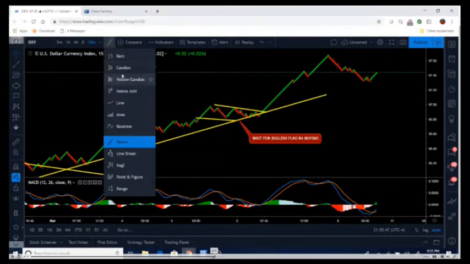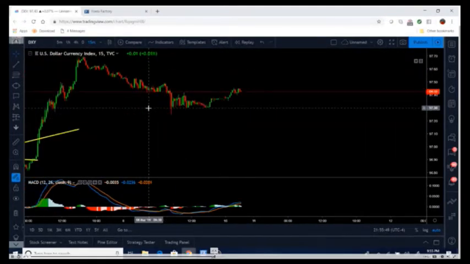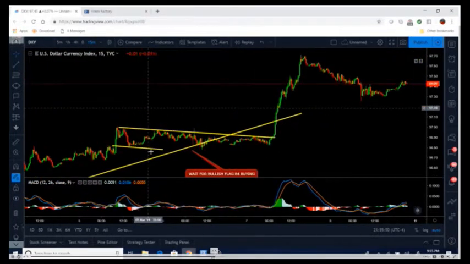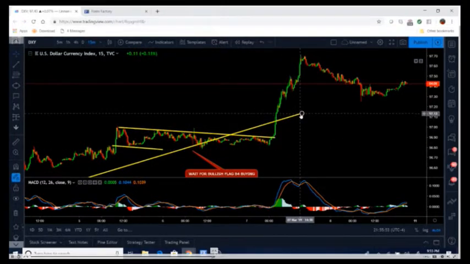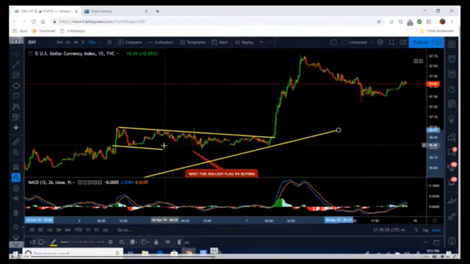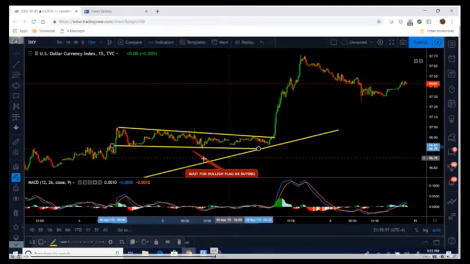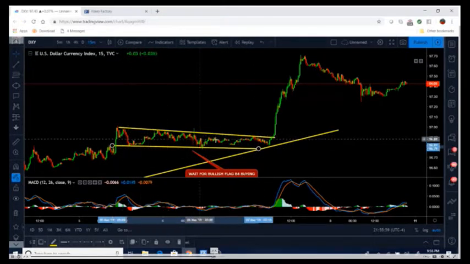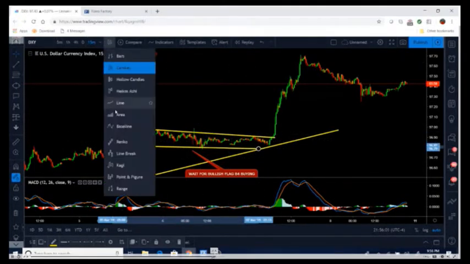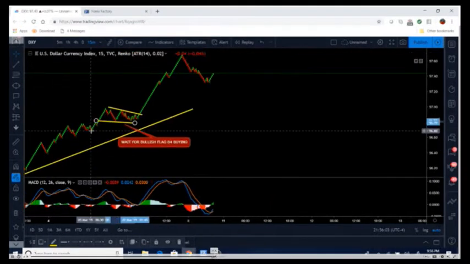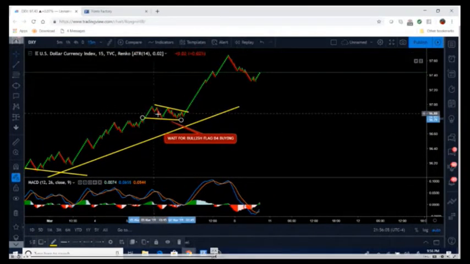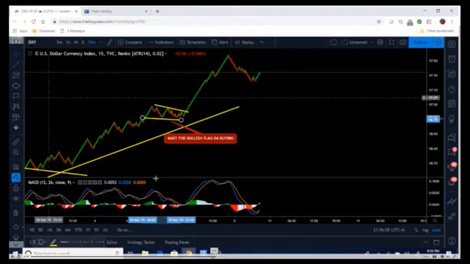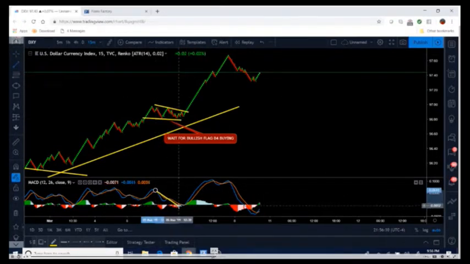So instead of watching this on candlesticks, right? This is going up and down, up and down, up and down. You got this big flag right here off of candlesticks. If I switch over to Renkos, look how the dynamic changes, right? I have a pullback here on my MACD.